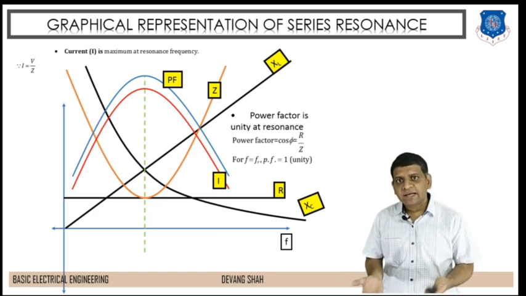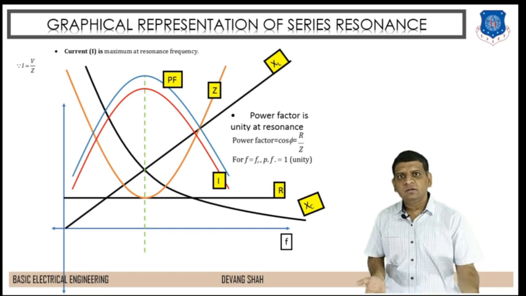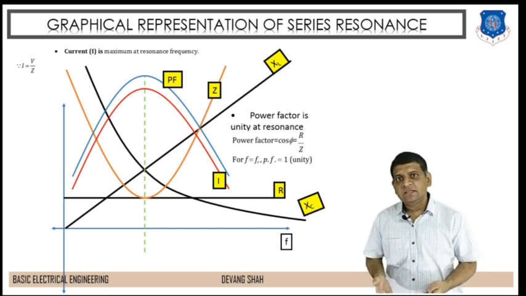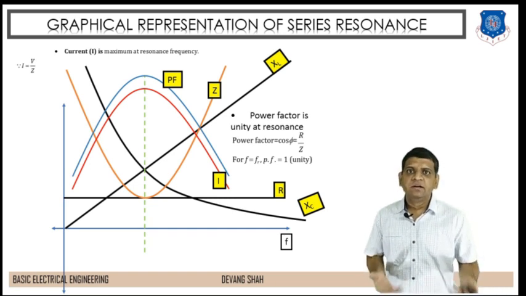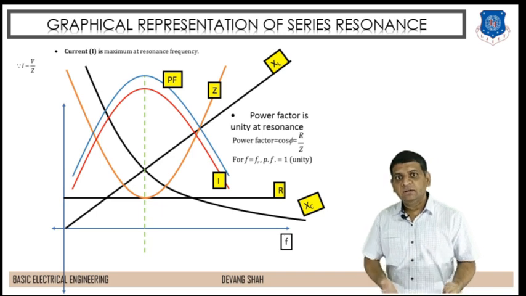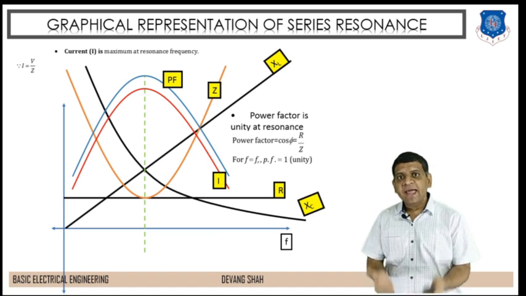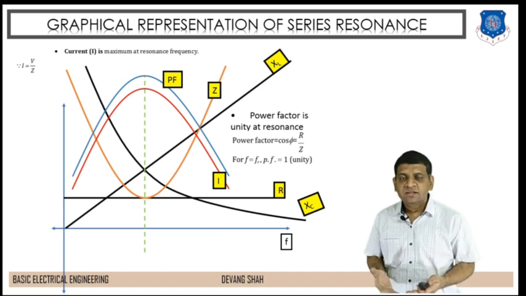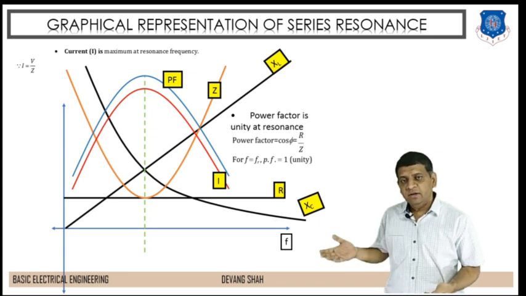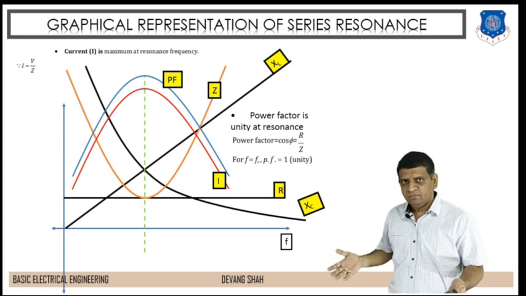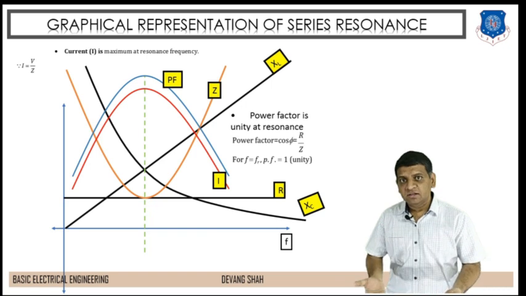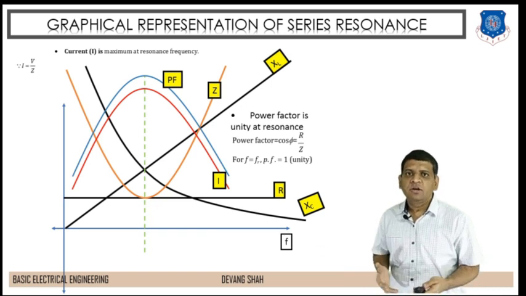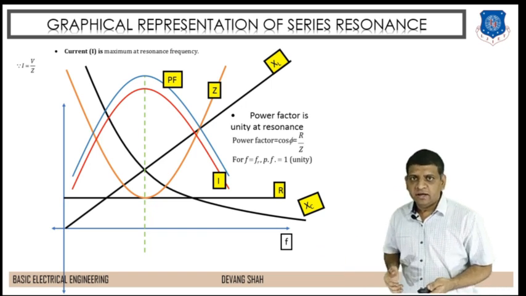X is equal to XL minus Xc if XL is greater than Xc, and X is equal to Xc minus XL if Xc is greater than XL, right? But at resonance, the value of X is equal to 0, that means the net reactance is equal to 0, since XL is equal to Xc. So there you will get one more line, defined as the net reactance, that passes through the resonant frequency fr in this diagram, right?